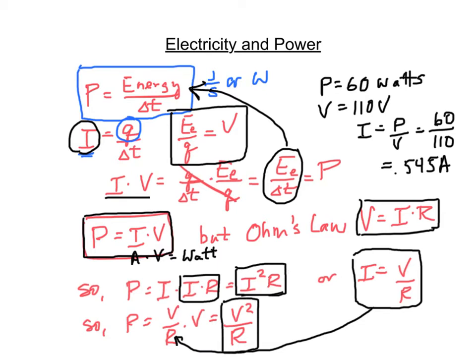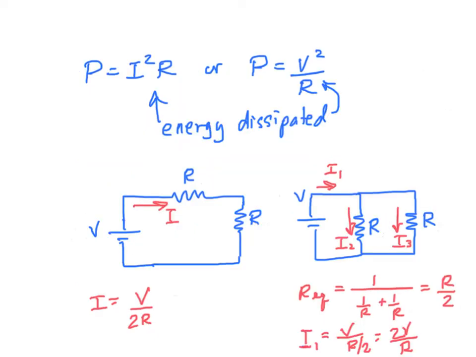Okay, which one should you use? Should you use P equals I times V, P equals I squared R, or P equals V squared over R? It depends on what you're given in the problem, and I'm going to do an example for you at the end, so you can see different ways to approach it. So again, these are our equations for power.